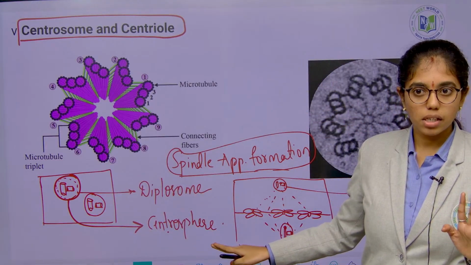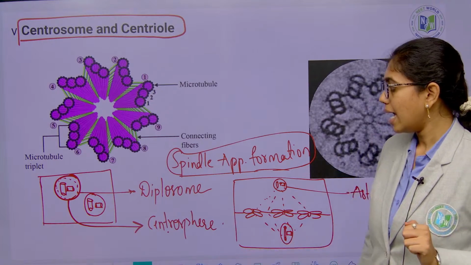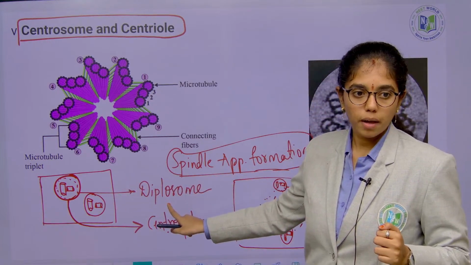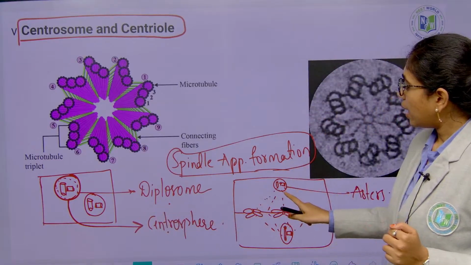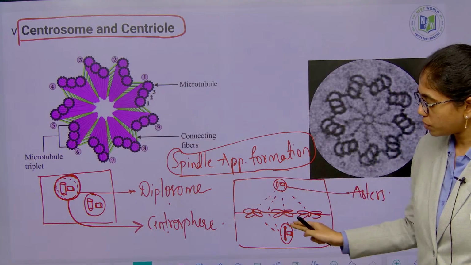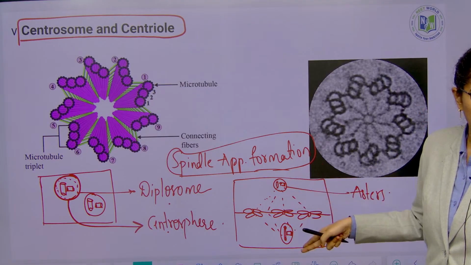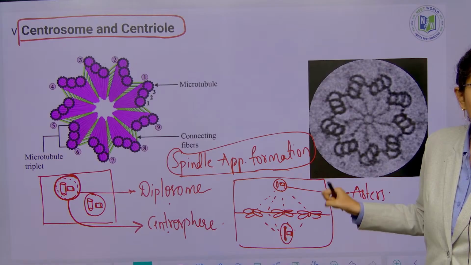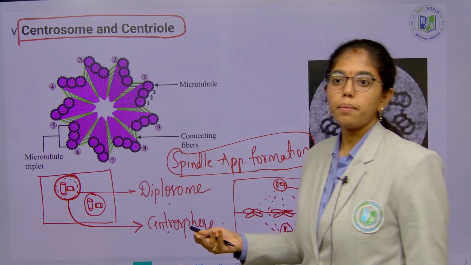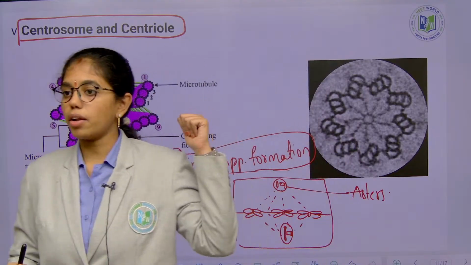S phase. Centrosome is also known as diplosome, right? And at the end of prophase, these duplicated centrosomes will move to two opposite poles, radiating out what? Spindle fibers.